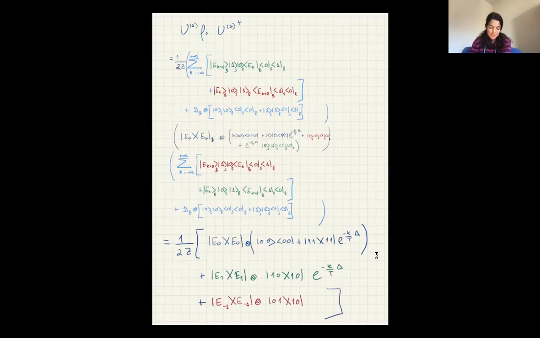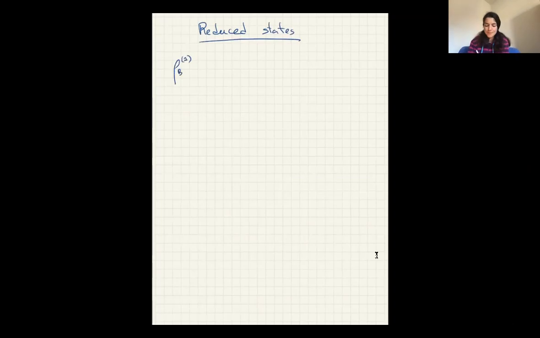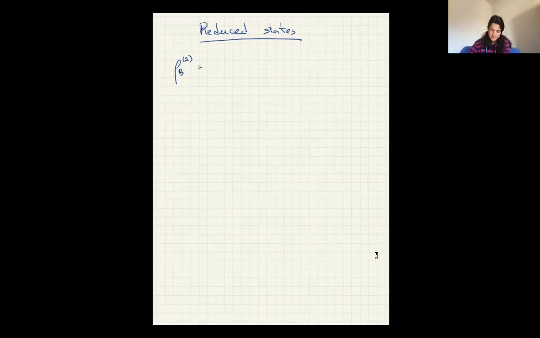Well, first of all, let's look now at the reduced states in the 3 systems. If I look just the row of the battery 1, this is going to be what?